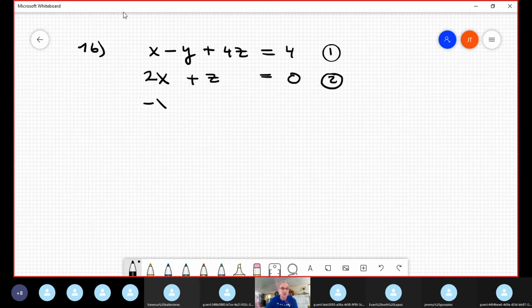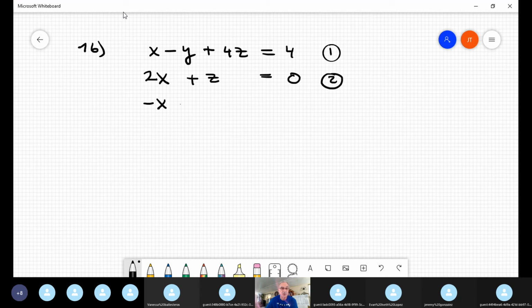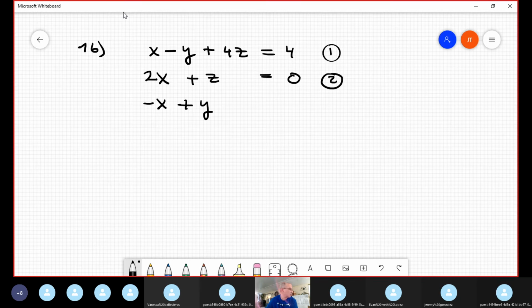And minus x plus y minus 4z equal negative 8. Negative 8? Yeah, negative 8. Very well. The same organization.